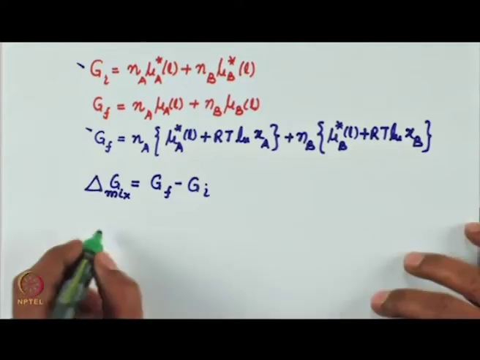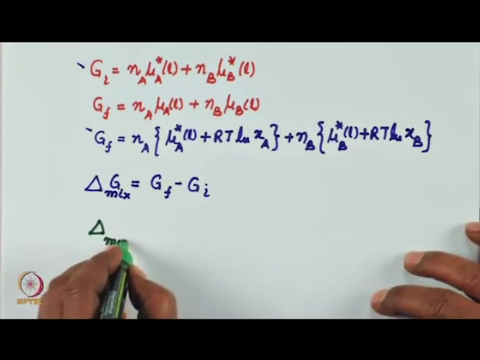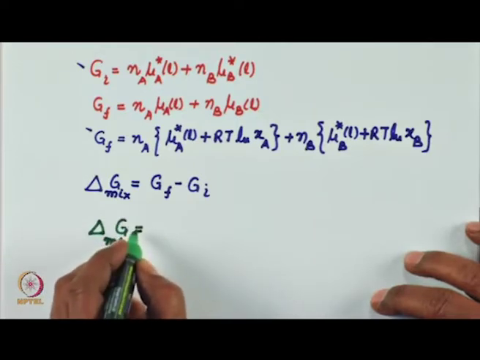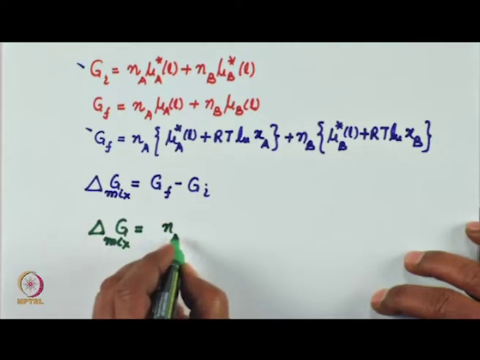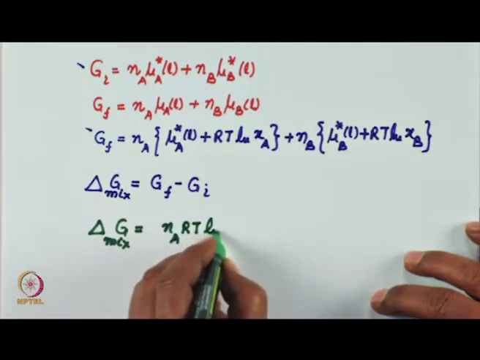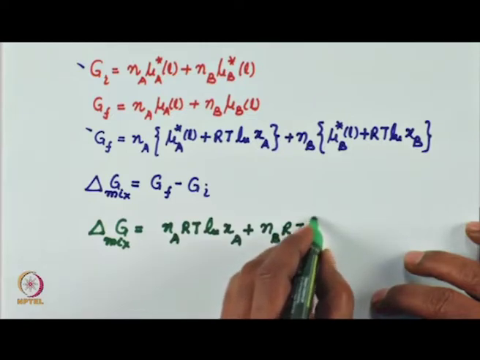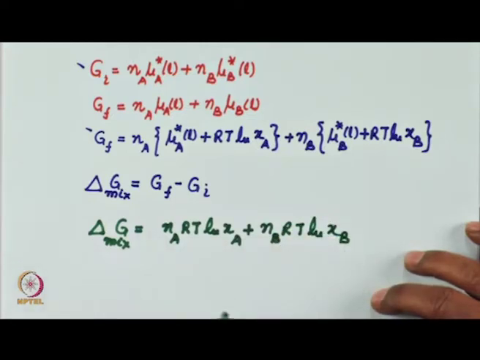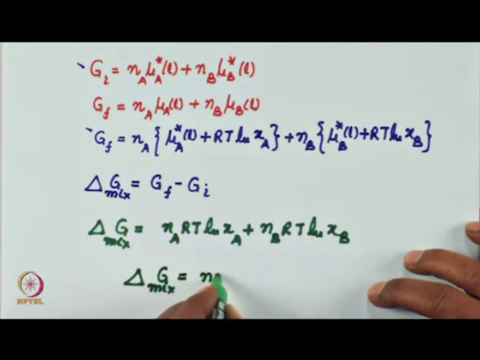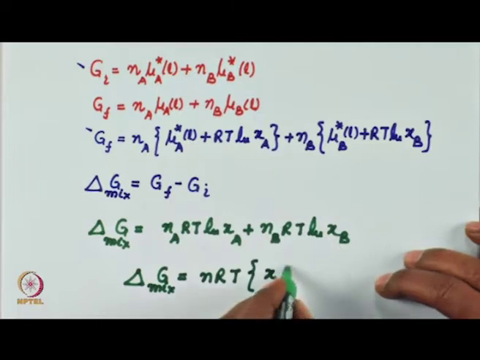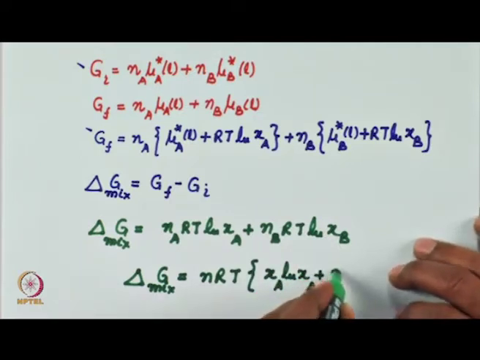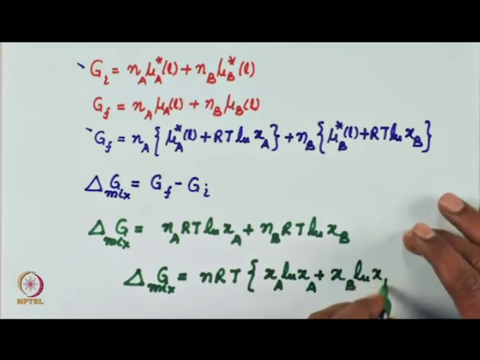Once you subtract the two, the resulting equation is going to be NA RT log XA plus NB RT log XB, and by the same arguments as we have discussed for the ideal gases, I can transform this into the form nRT times XA log XA plus XB log XB.